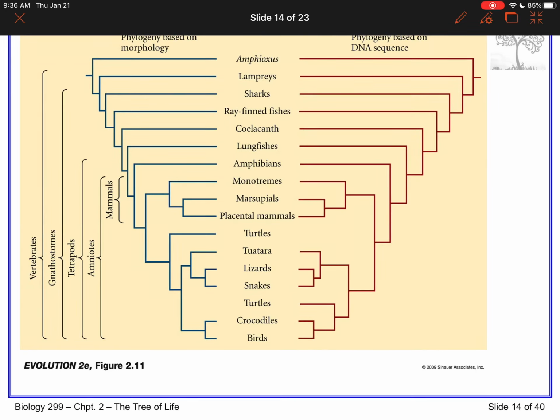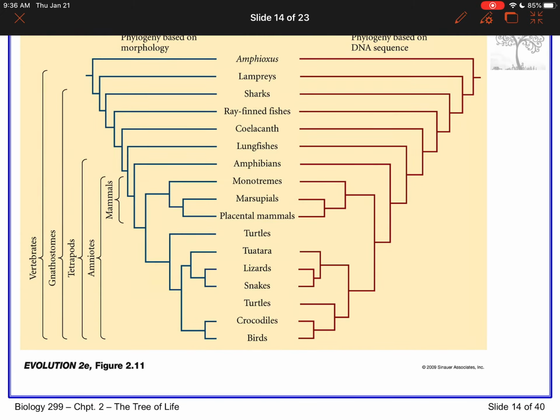The next major topic to discuss is the concept of molecular clocks. One thing that's helpful about phylogenetic trees is that they show us the pattern of evolution, the branching pattern, for example, that you see here in this figure.